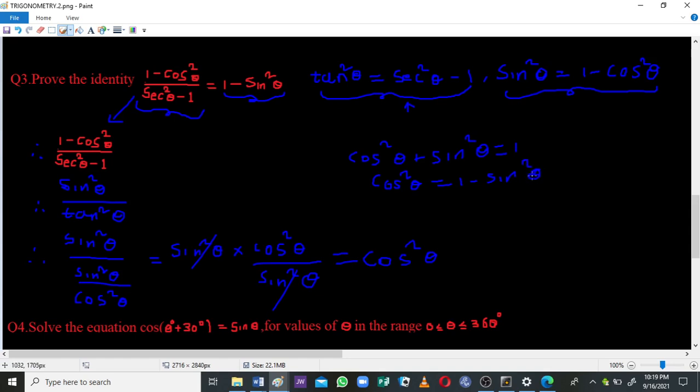So if this is an identity, then what we have here, cos squared theta, is nothing but equal to 1 minus sine squared theta. So we have proved that this part here is equal to what we were asked to show.